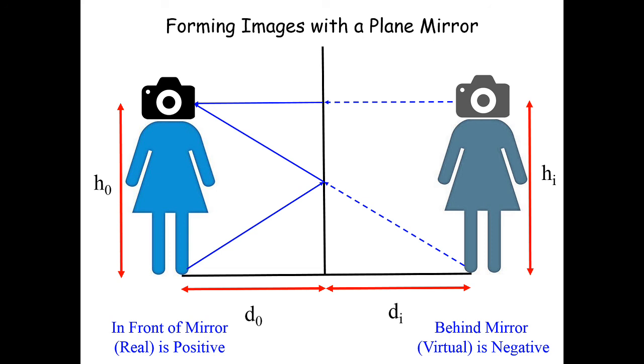Now we want to see how large of a mirror we need to have so that we can see our entire body. So to do that, we want to follow the rays of light. The first ray of light is parallel to the ground and it travels to the right where it bounces off of the mirror. The incident angle here is 0 degrees, so it bounces back at 0 degrees directly where it came from.